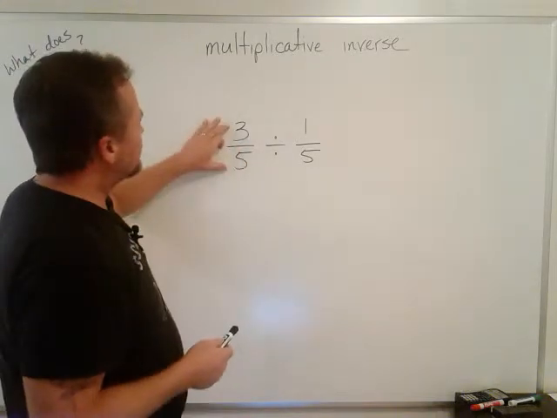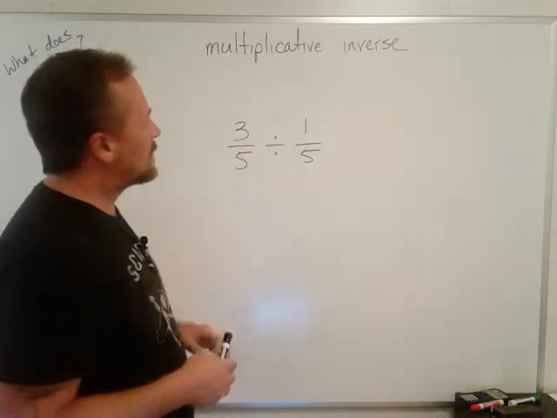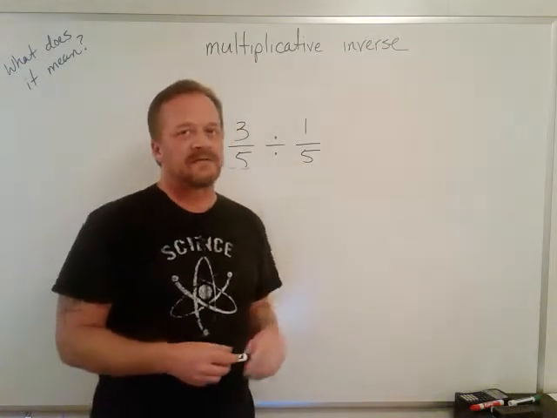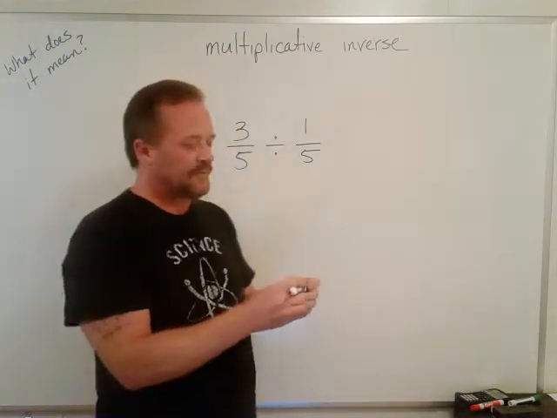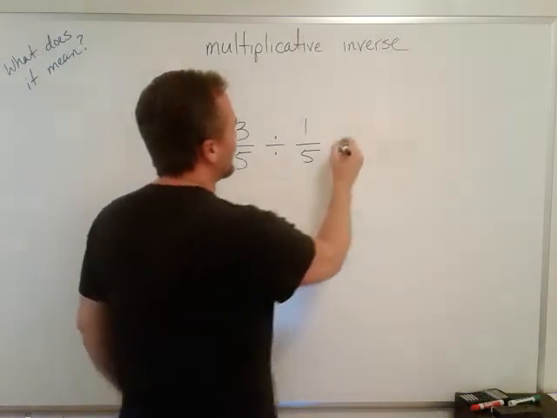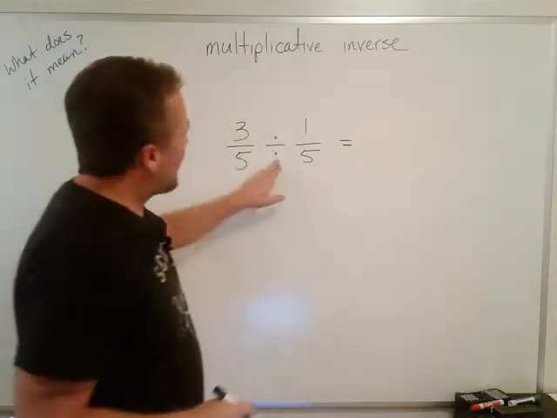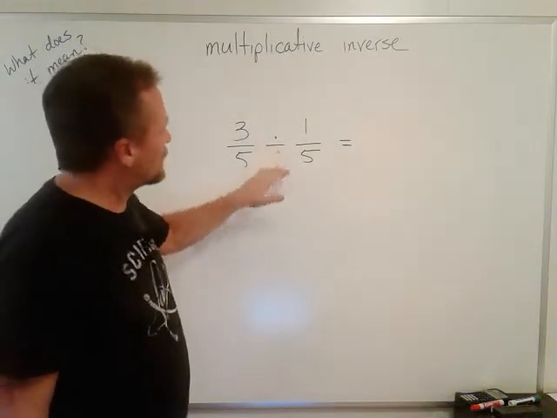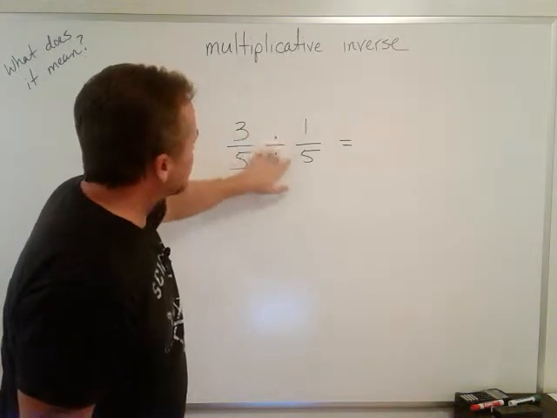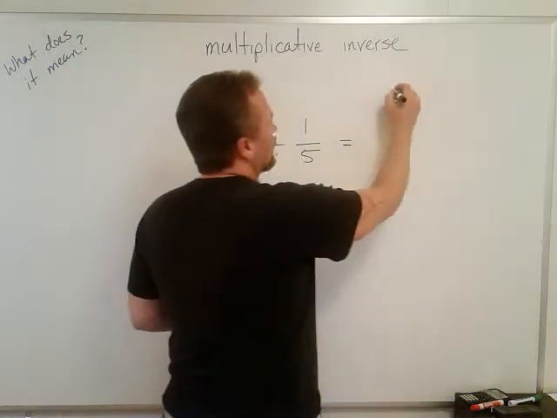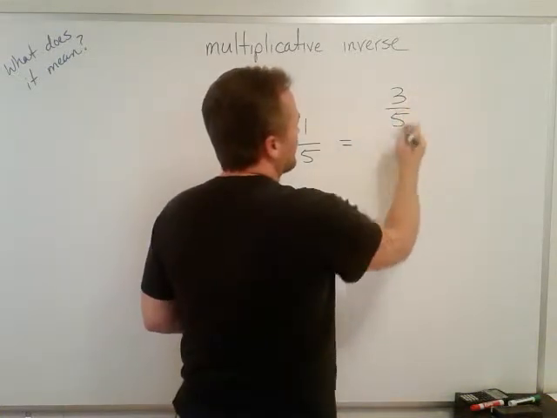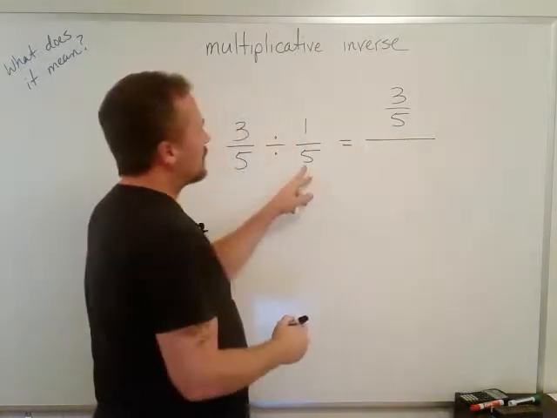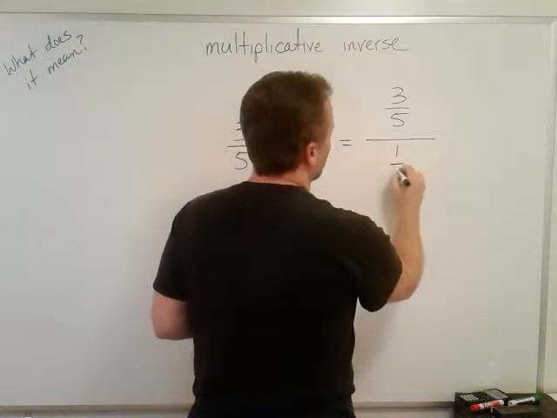So, let's talk about how I use multiplicative inverse as a shortcut to solve this. First thing I'm going to do is write this as what they call a complex fraction. In other words, I'm going to use this division sign to tell me that I can write a fraction with these fractions. Here's 3/5 in the numerator, and here's 1/5 in the denominator.